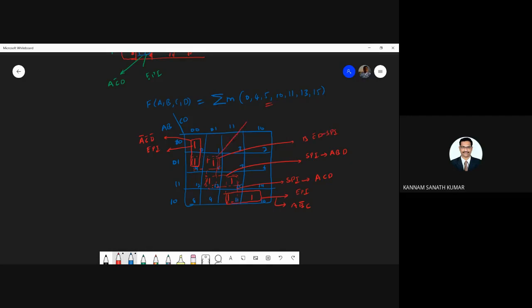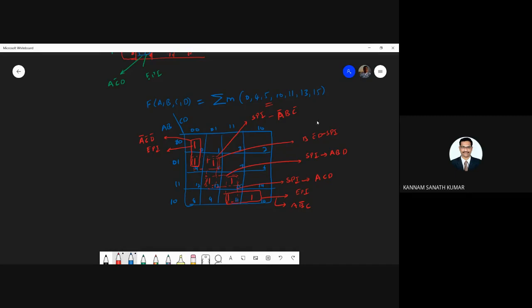And next this is one more selective prime implicant. If you want to write the expression for this prime implicant, A bar B, and which is common? C bar. A bar B C bar. These are nothing but the selective prime implicants.